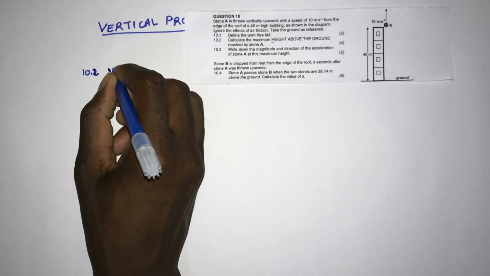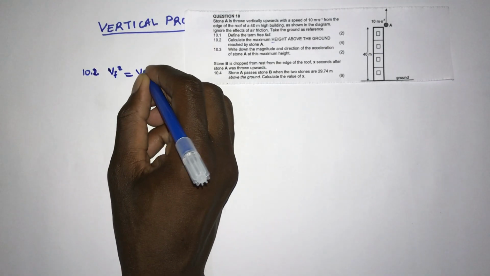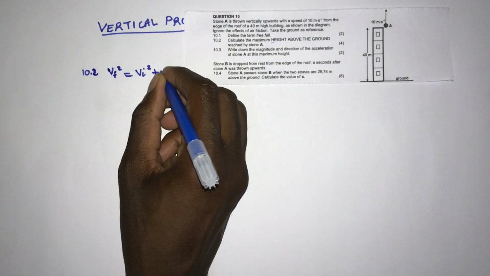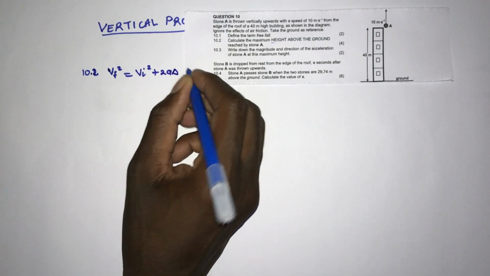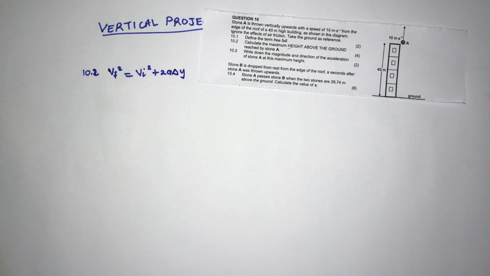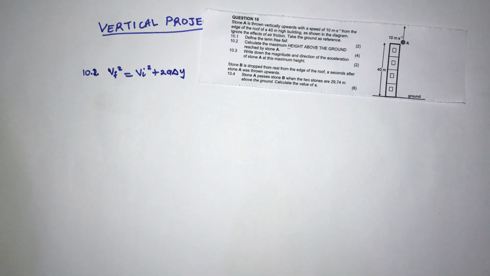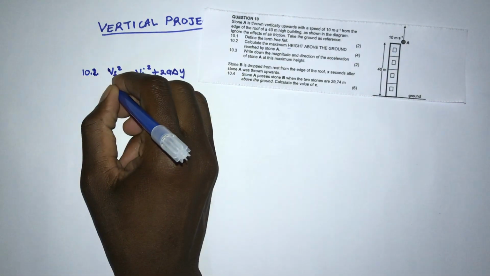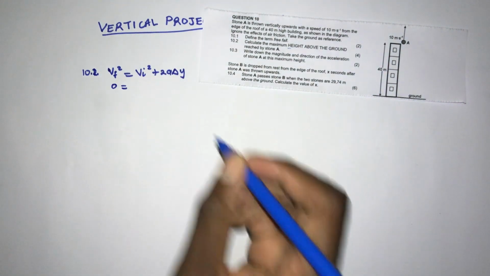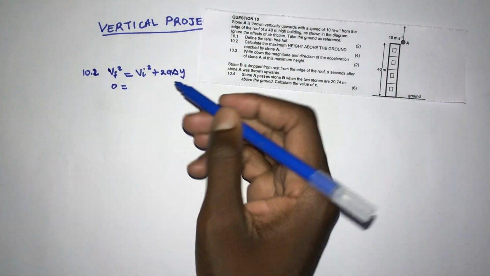You can say Vf squared is equal to Vi squared plus 2a change in y. Remember, we're using y because it's vertical projectile motion. Vf is when it reached the maximum height, so the velocity up there is 0. Then it's equal to the initial velocity.